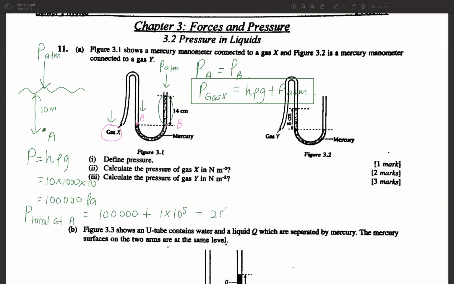Okay, so it's going to be 200,000 Pascal. This is the total pressure, or sometimes you see they say the absolute pressure. Absolute means total.